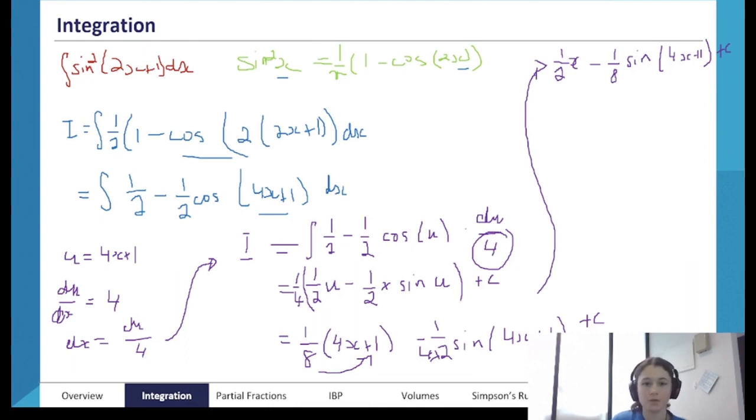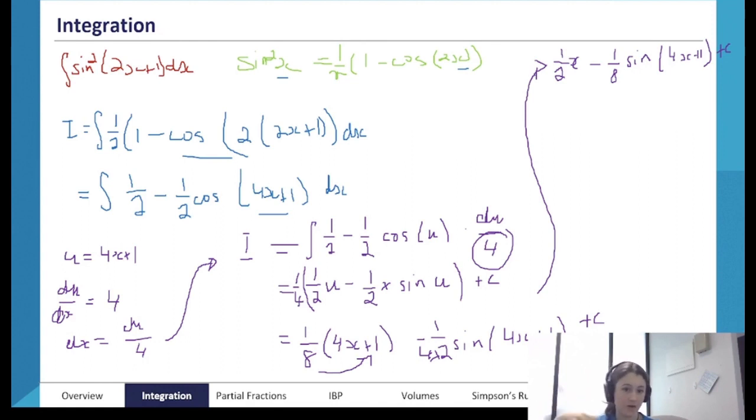Okay, so in this example here, as we went through, we needed to use our trig identities to get rid of the squared section. And then because we had a linear component left over, we then had to use linear substitution. So this is an example of a case where we have to use two different methods of integration for one question to come to our answer.